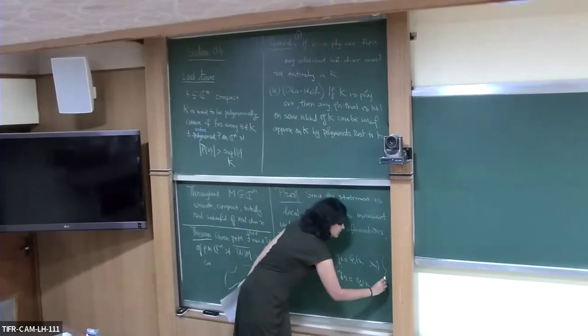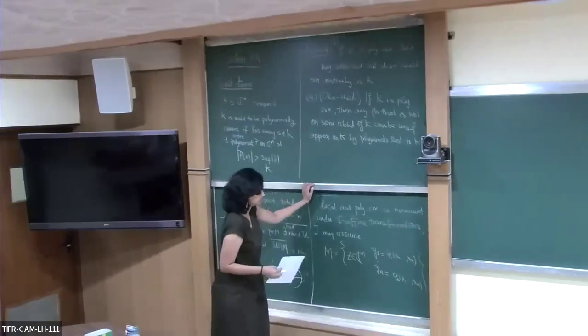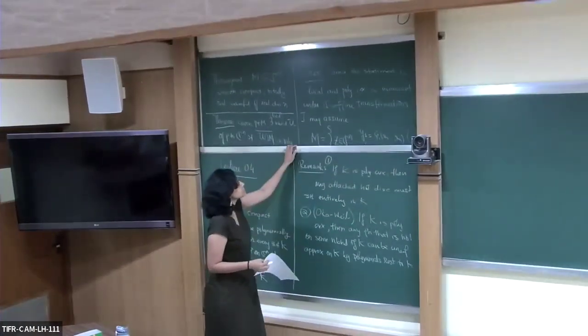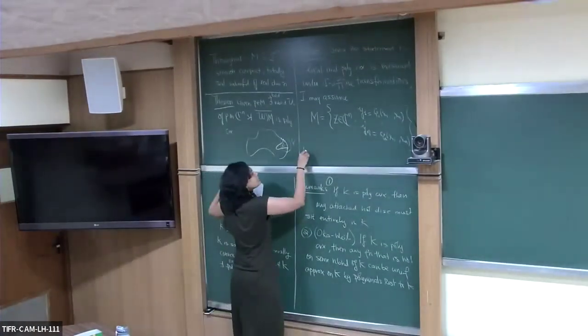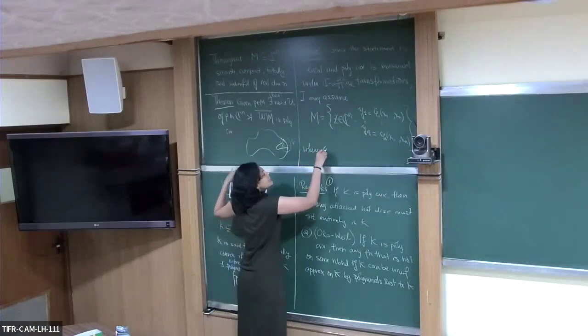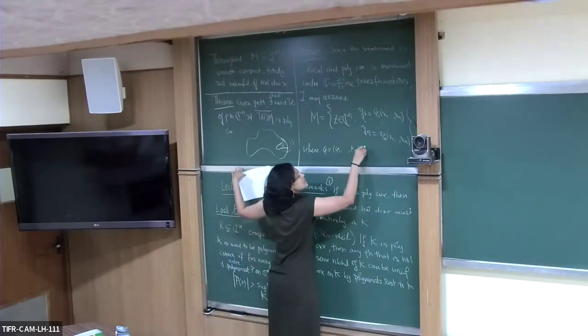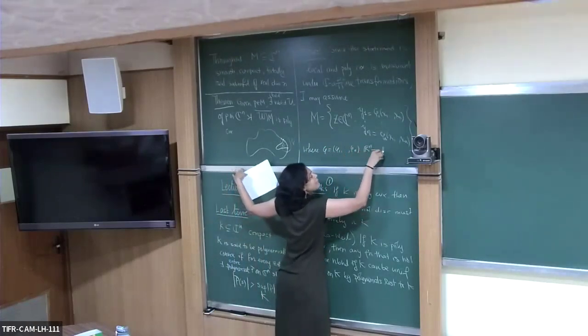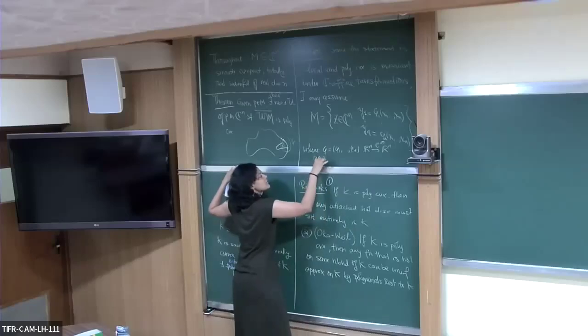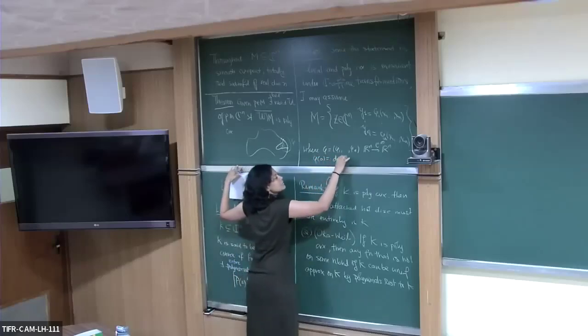Here P, whose components are P1 to Pn, is smooth, C infinity smooth, with P of 0 equal to DP of 0 equal to 0.